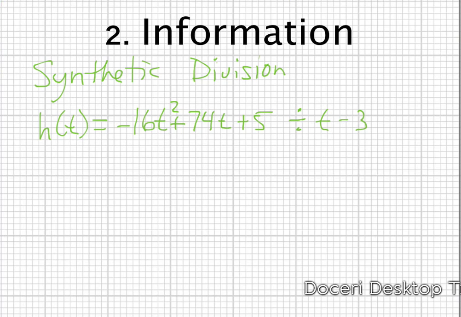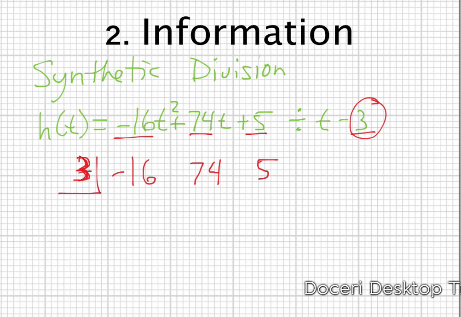All you do when you use synthetic division is you take the coefficients and the number you're dividing by. This number goes in a little box. Since it's minus 3, it's going to be a plus 3. It's the opposite in my little box here. Then I take my coefficients and I line them up next to it.